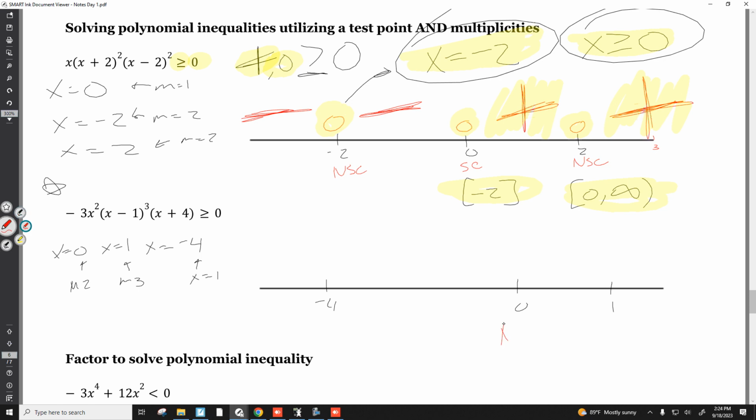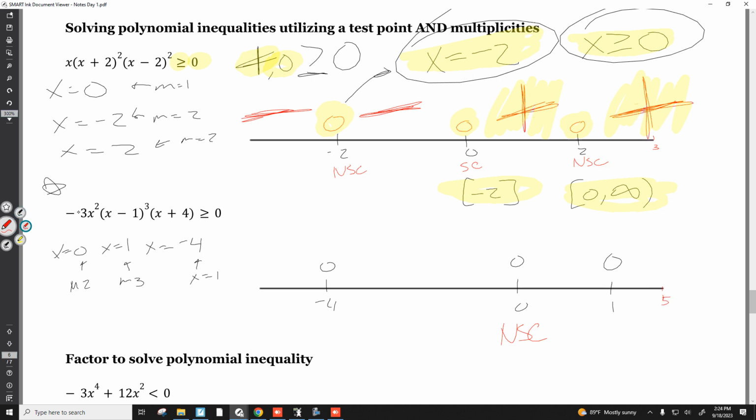0 is a no sign change. 1 is a sign change. Negative 4 is a sign change. Zeros at all those locations. I'm going to start with a test point at like 5. Ready?